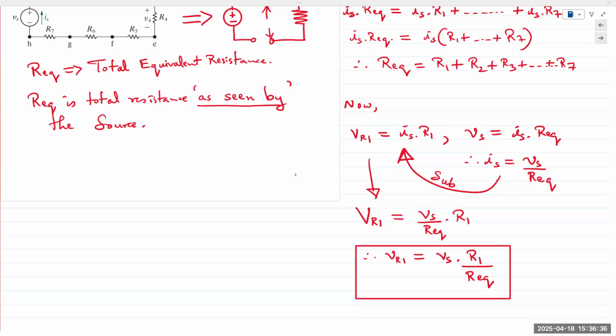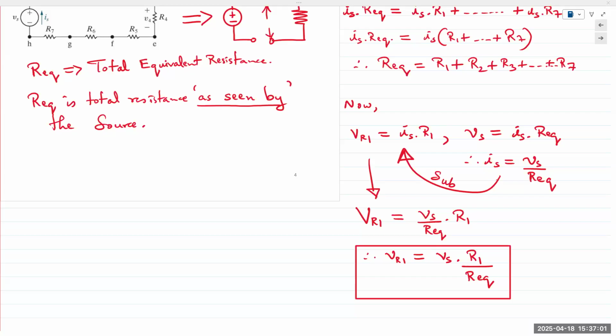Okay. So voltage division is a shortcut. It allows you to skip one or two steps. Typically, it just allows you to skip one step. We must find Req. That's a given.